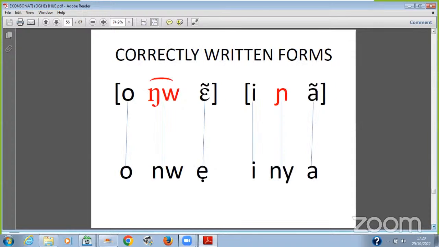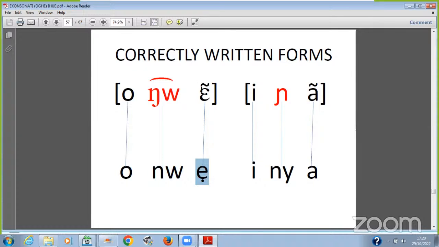Okay. Now, let us see why this is the correctly written form. You have the letter O here, representing the sound O. And then you have the digraph NW representing the sound W. And then you have the letter E. You see, it is oral.